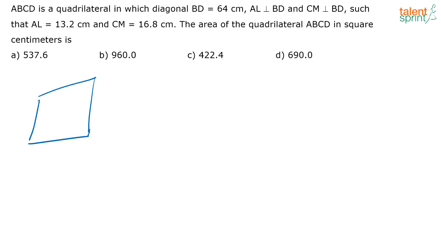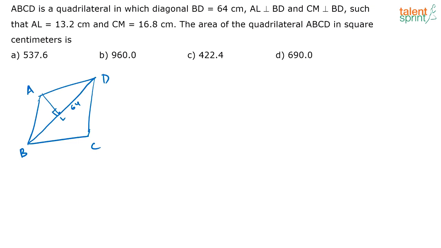And what did they say? ABCD is the quadrilateral, and it is given that BD is 64 centimeters. Correct? This length is given as 64 centimeters. And AL is perpendicular to BD. That is basically there is a perpendicular drawn from this vertex. So this is AL. Okay?